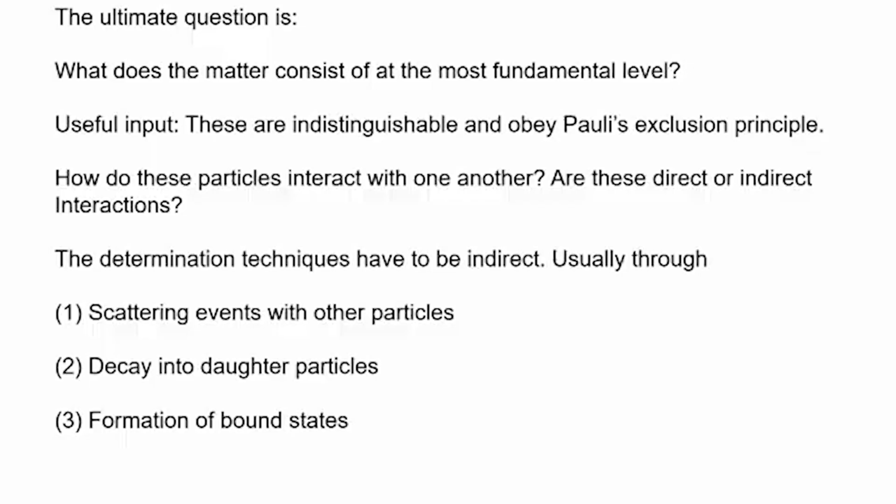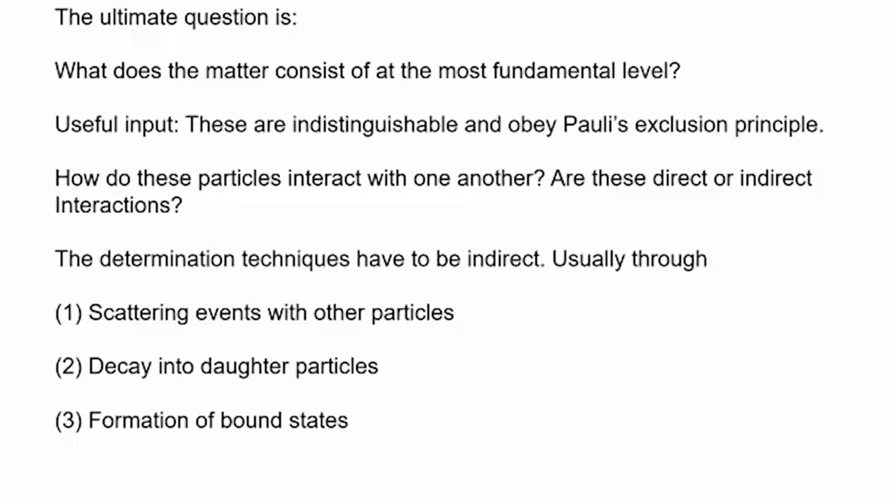And the determination techniques have to be indirect, because if you try to go for a direct measurement, you would actually disturb the state of the particle, and that would not be acceptable. So, what is usually done in probing the interaction, or the nature of the particles, or the symmetry they go through, or the decay of these particles, is to look at scattering events with other particles.